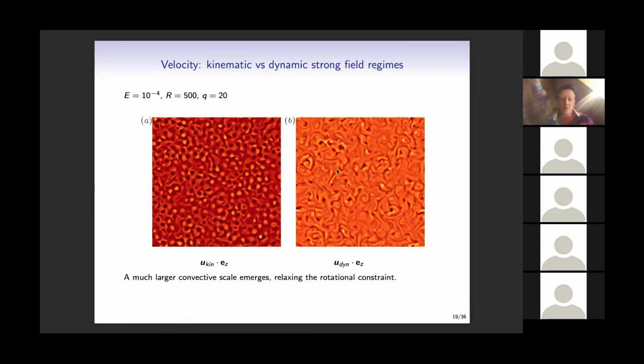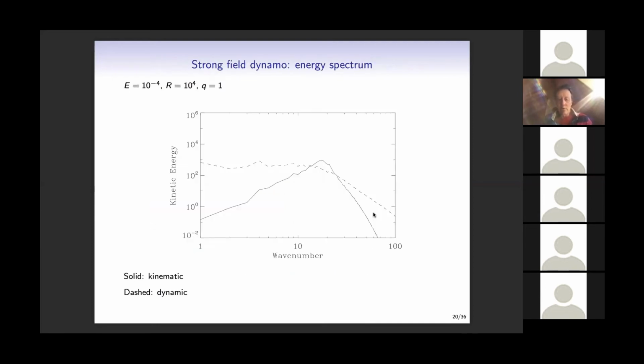Obviously not at the same time, these are just snapshots, but you can see a much larger scale has evolved in this right-hand one, and in this plot you can really see it. Okay, so this, I think, is quite a revealing picture for lots of reasons.